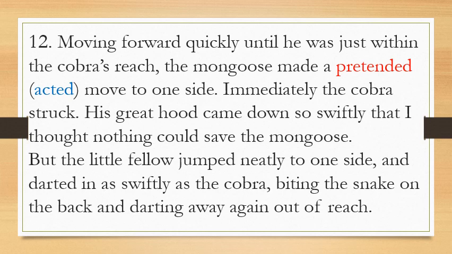Means, but the small creature, means the mongoose, was quick to jump and move to one side. It also bit the snake on its back and again moved away out of its reach. Means the mongoose saved himself from his bite.